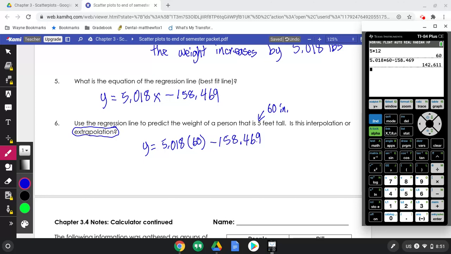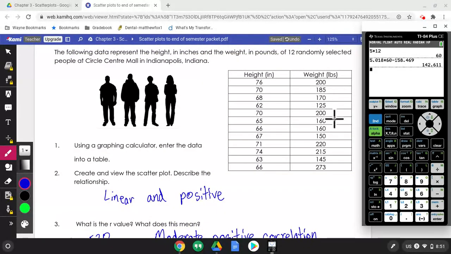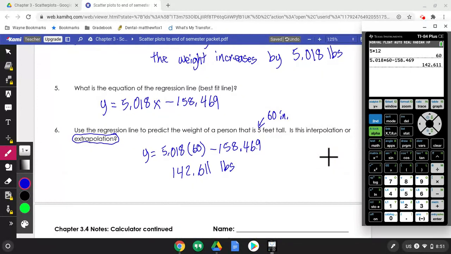I hit enter, and I get 142.611. That is how many pounds they are at 60 inches tall. The weight is always to the nearest whole number, so I'll round it and we get 143 pounds as our final answer.